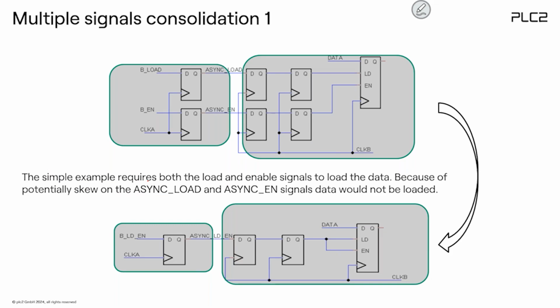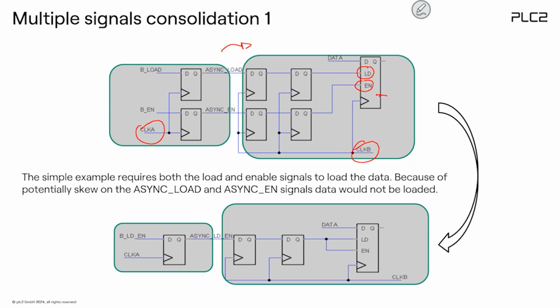Consolidation means, a very simple example here. Assume we would like to transfer information from the clock A domain to the clock B domain to control a counter. But this is a special counter, it has a load signal and an enable signal, and they must be in a certain relation to each other.